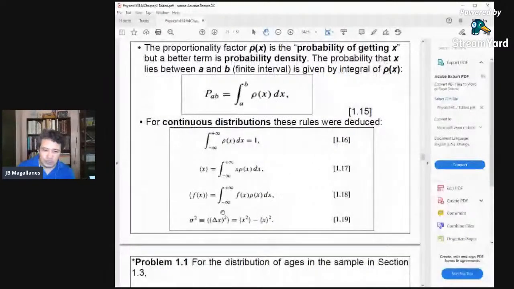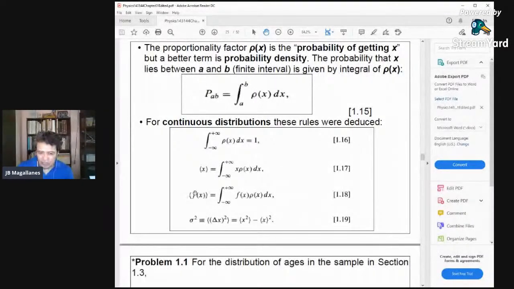So in this case, if you want to find the average or the expectation value of a function, that function inside this bracket, you have to put before the integral sign times the probability density times dx.